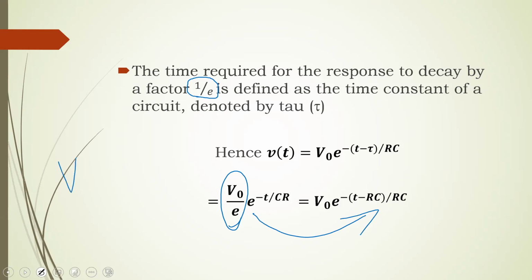We would have V0 e to the minus 1, yes? E to the minus t over CR. But e to the minus 1 can be written as RC over RC. You see that now?